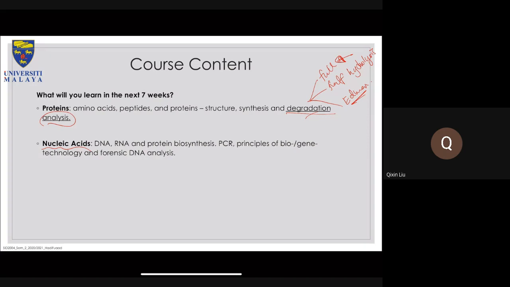Those will be the main focus. Something more biological is how protein biosynthesis works. Hopefully by today's class, you can at least appreciate the technology used in the Pfizer vaccine. All right, so this is just for today.